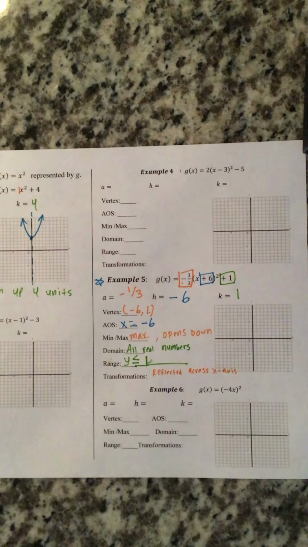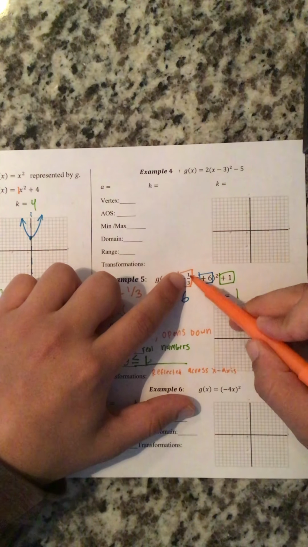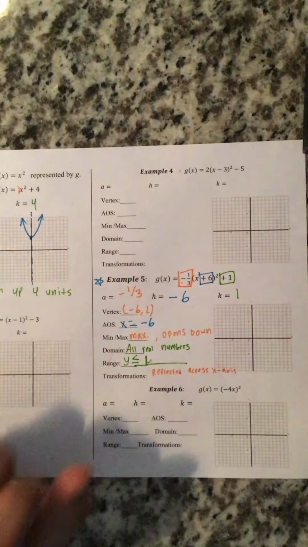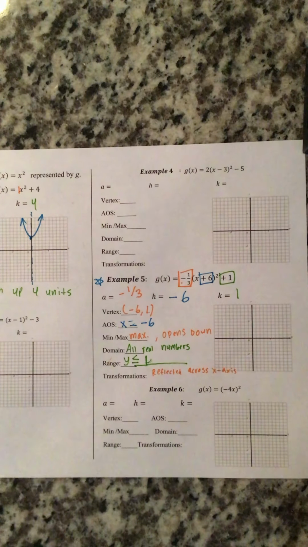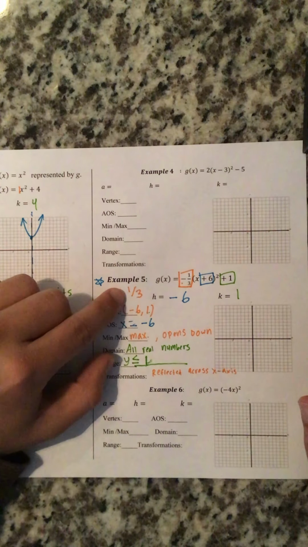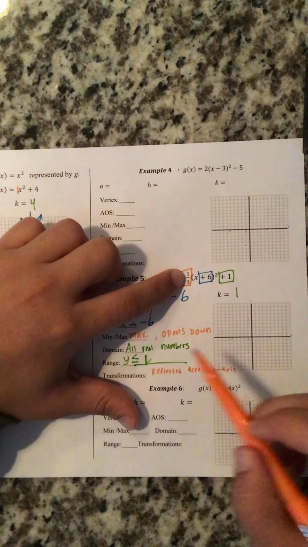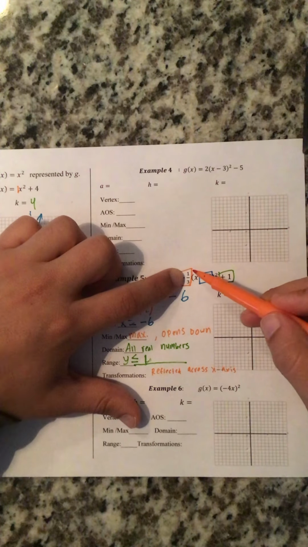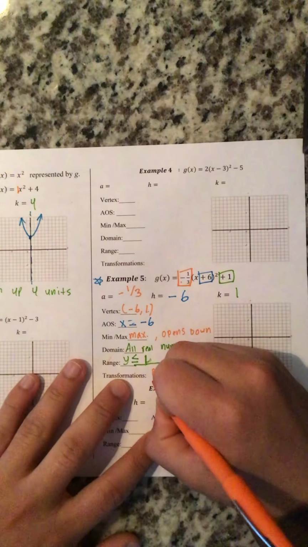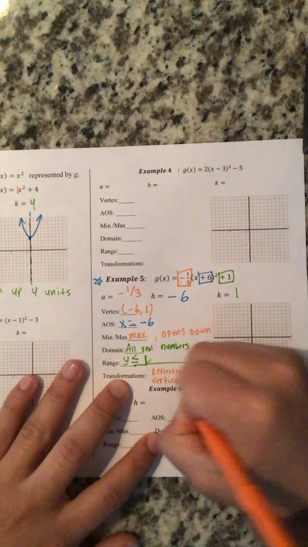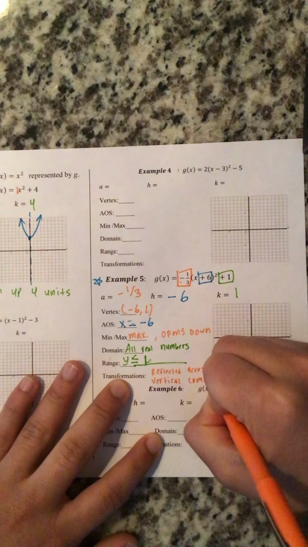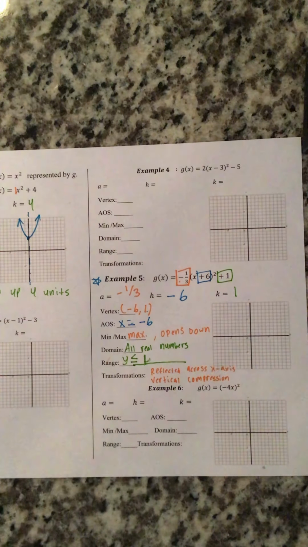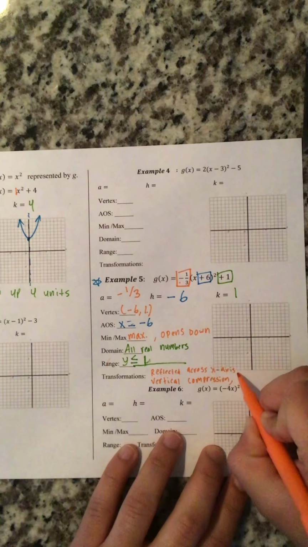But I also have a 1/3. 1/3 is in between 0 and 1, and so even though it has a minus sign, you kind of cover it up when you're dealing with compressions or stretches. So since 1/3 is between 0 and 1, that means I have a vertical compression. It's a little bit wider. So those are two transformations right off the bat.